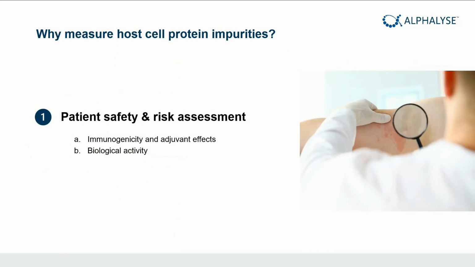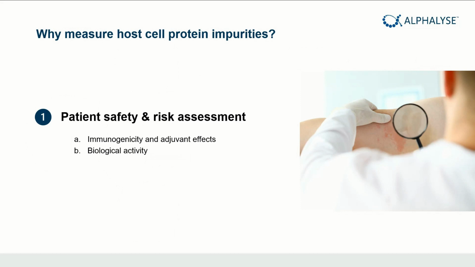So why is it that we should measure these impurities? There are 3 major reasons that you should know and remember. The first and the most important one is patient safety and the risk assessment of your product before you put it into the patients.